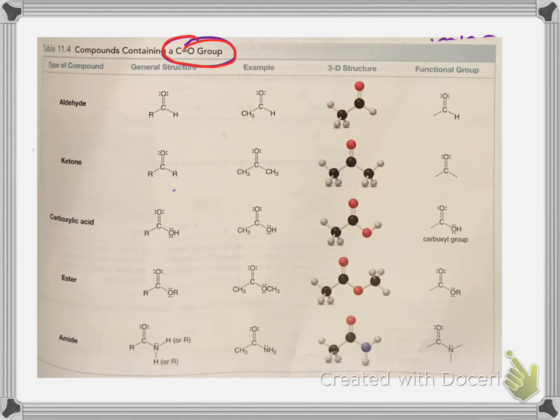So these all have C double bond O's as you look through the whole thing, and I need an R and an H. Look here at the first one. There's an R on one side, and it wouldn't matter which side they're on, and an H. So that's called an aldehyde.